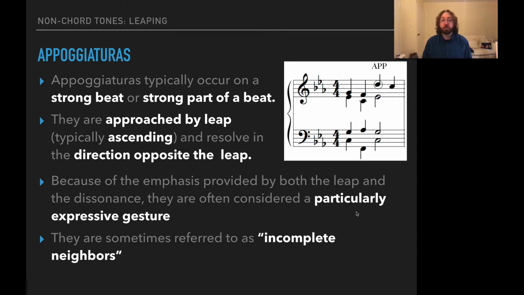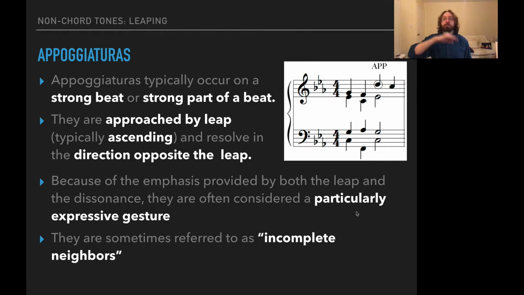Meanwhile, the other non-chord tone definitions will offer more specific instances of other dissonances. So when I speak about appoggiaturas, they'll be conforming to this definition. Appoggiaturas typically occur on a strong beat or a strong part of the beat. And importantly, they are approached by leap and resolved by step. So it's kind of the opposite of an escape tone.